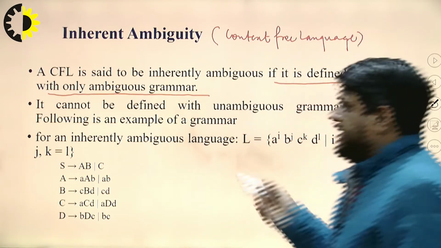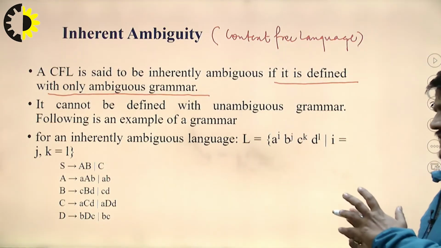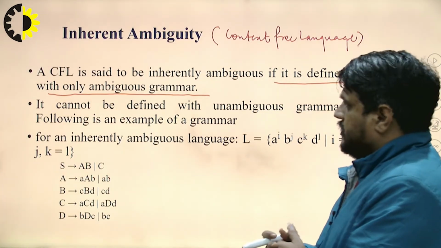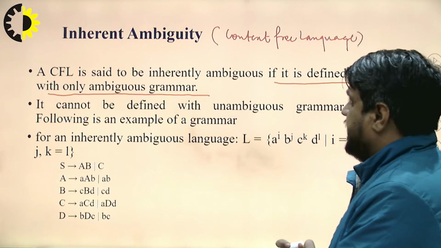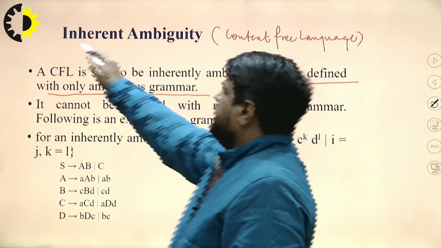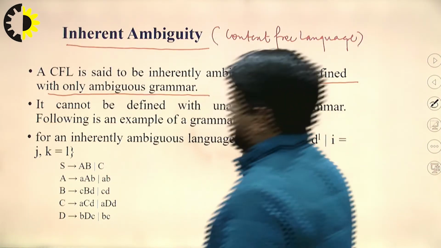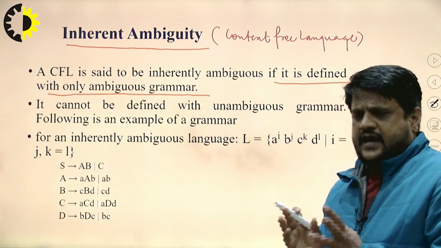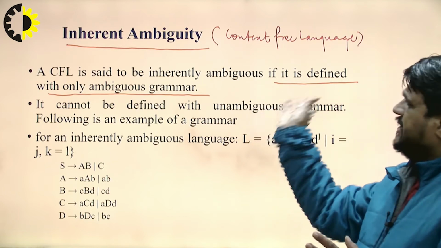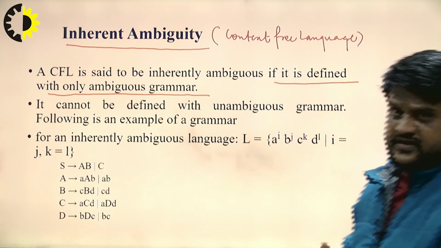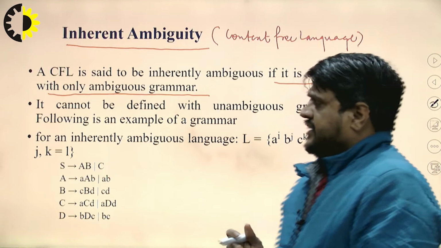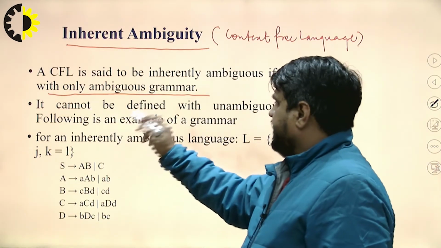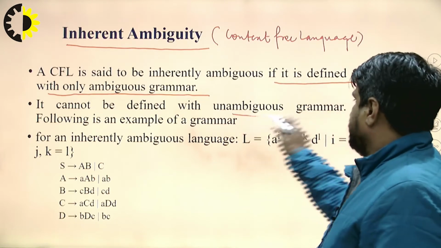In short, we can say if no unambiguous grammar is possible to define a context free language, then it is called inherently ambiguous, right? If there is no possibility, you cannot write down an unambiguous grammar for it. An inherently ambiguous context free language is not suitable for a programming language, right? So it cannot be defined with an unambiguous grammar, right?